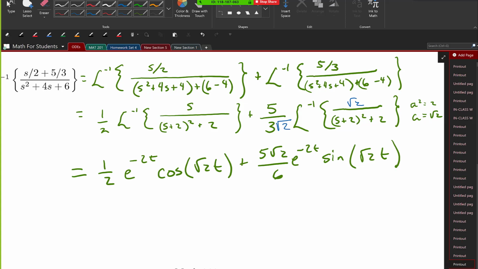For the cosine term, you have to have s plus 2 on top as well. Why did I think I didn't have to do that?